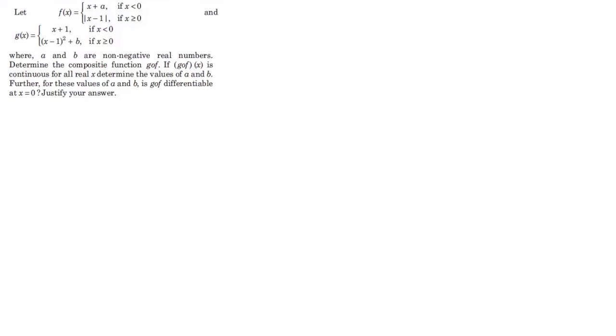Now here the question is, we are given two functions fx and gx where a and b are non-negative real numbers. Determine the composite function g of f, and if g of f is continuous for all real x, determine the values of a and b. Now for g of f, we'll draw the graph of fx.